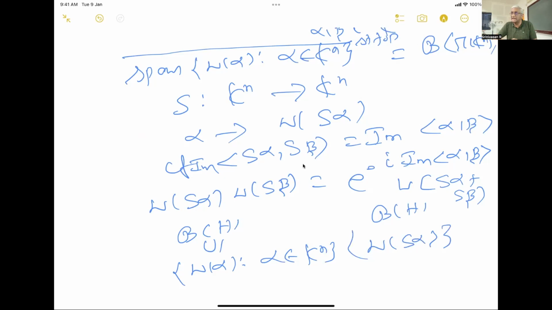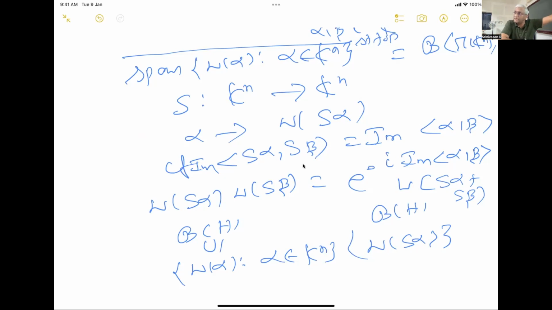You take the algebra generated by these, ordinary, no closure. This is some algebra, and this is some algebra. And W(α) going to W(Sα) is a homomorphism, because it satisfies the product condition. Because it preserves the imaginary part of the inner product, it will be a homomorphism.